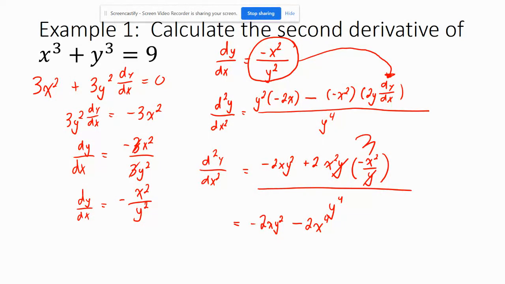Guys, I made a mistake, sorry. We still have 1 y down here, 2x to the fourth over y to the fourth. Is that right? There we go.